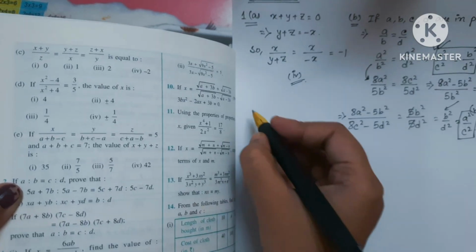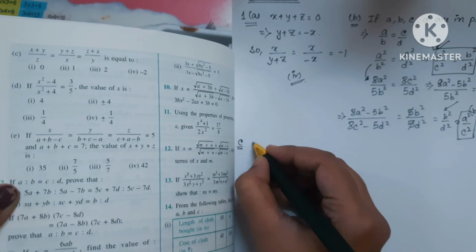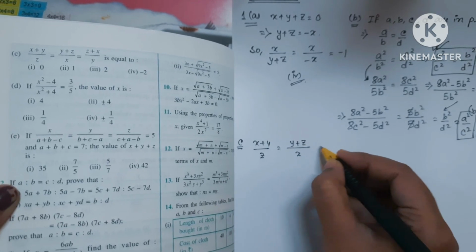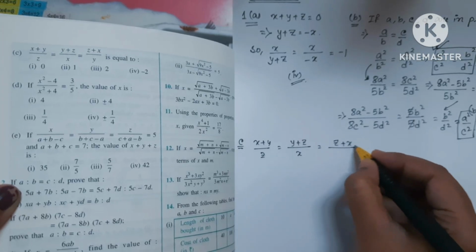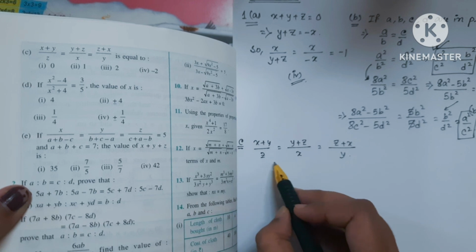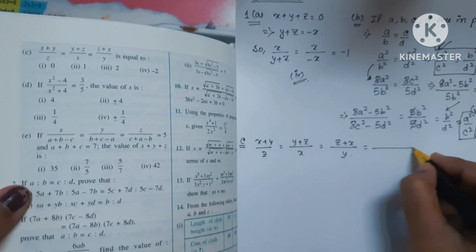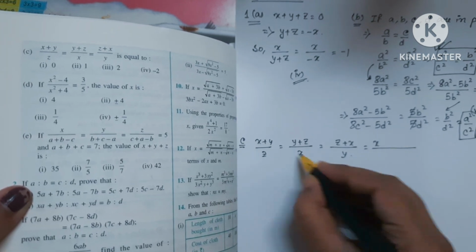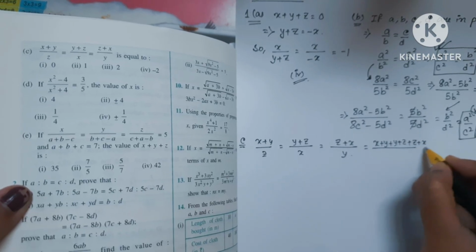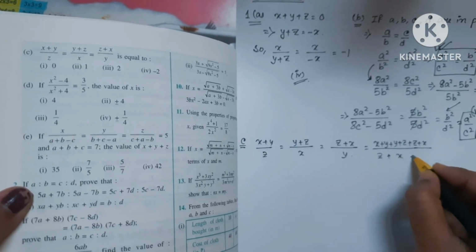See this question. Question number C. x plus y by z is equal to y plus z by x is equal to z plus x by y. Now you can add all the numerators and all the denominators. So that is equal to x plus y plus z plus z plus x by z plus x plus y.